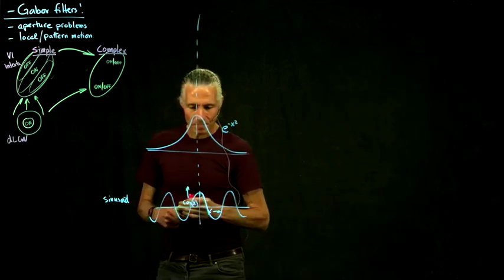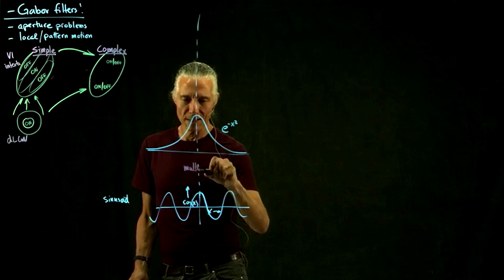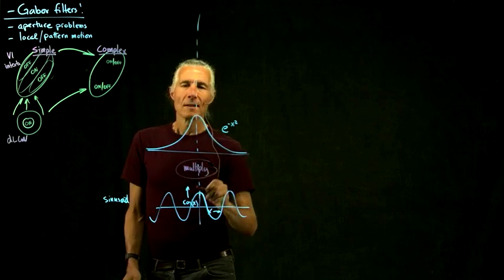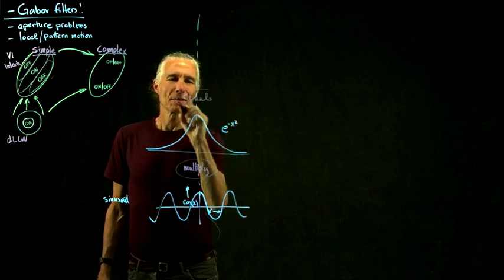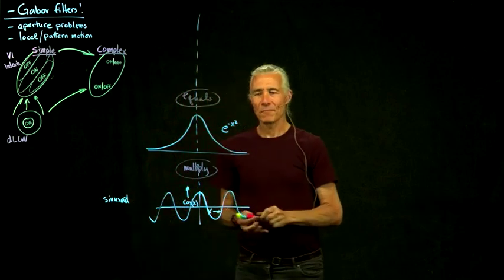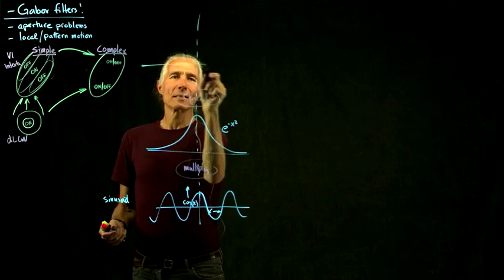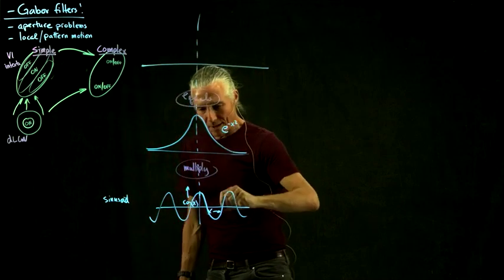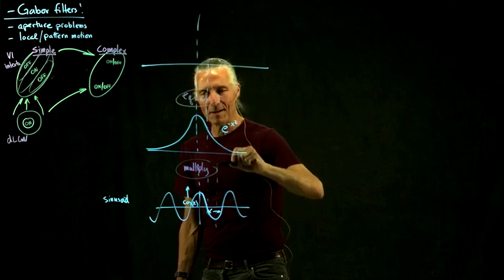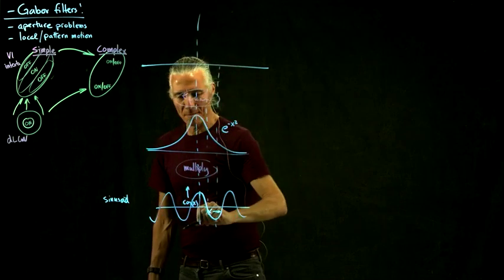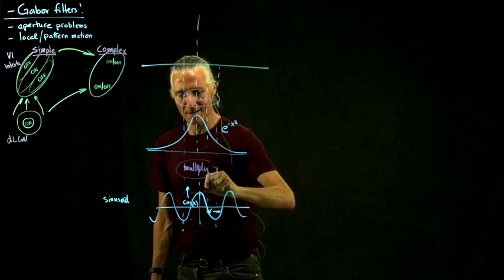So if we multiply those two things together, it equals a Gabor filter. So let's do that multiplication. Here we're crossing 0 right there, and here we're at a negative maximum, and then here we're crossing 0.